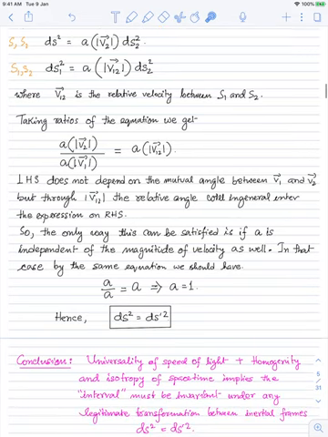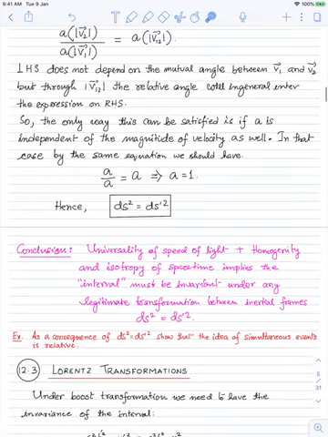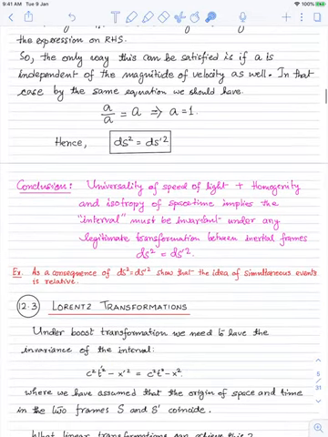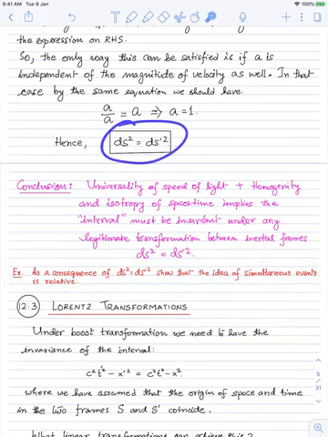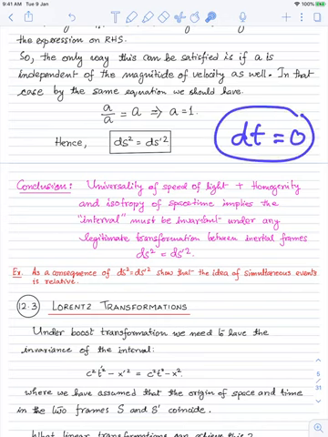Okay, so this was our step 1. As an exercise, although you can show it in various ways, you can try to show that if this is the case, then the idea of simultaneous events becomes a relative concept, which means that if there are two events that are simultaneous in one frame, okay, simultaneous meaning their dt is equal to 0 in one frame, then in another frame they need not be simultaneous.